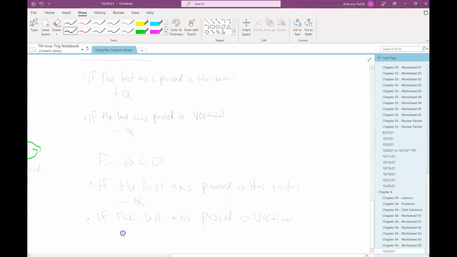The reason that happens is because with a negative angle, instead of going counterclockwise around your axis, you're going clockwise, the opposite direction.